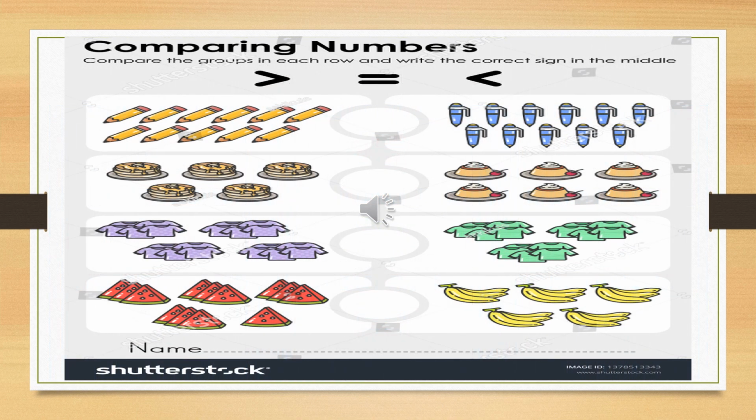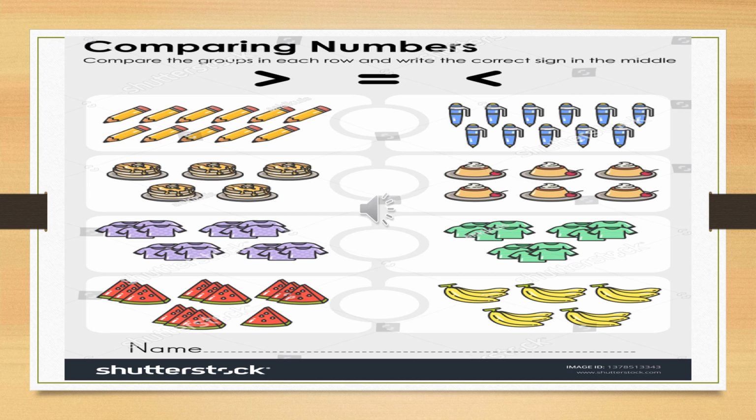Now we will go through some more examples. See here carefully. Compare the groups in each row and write the correct sign in the middle. All three signs are there, for the bigger number, for the smaller number and for equal numbers. So, we will count the pictures.